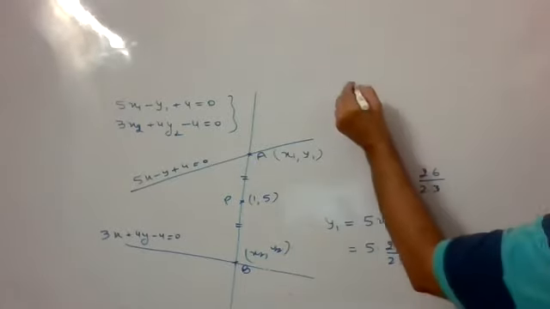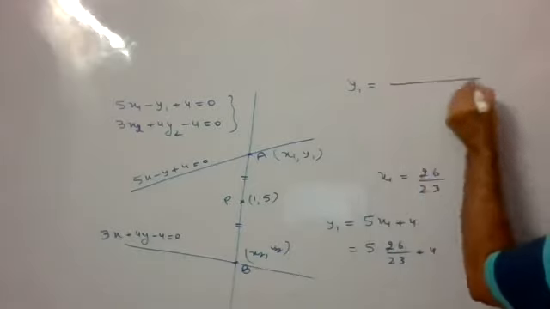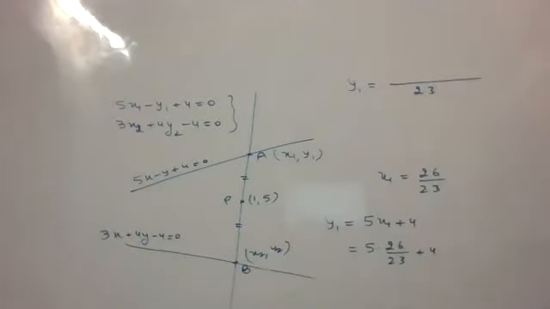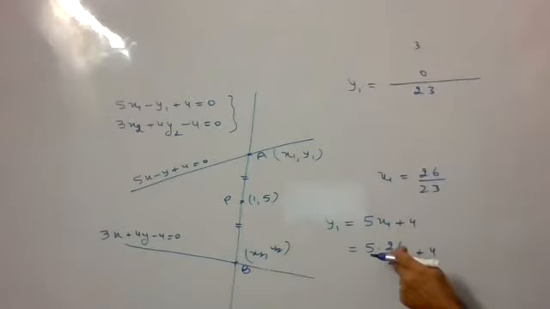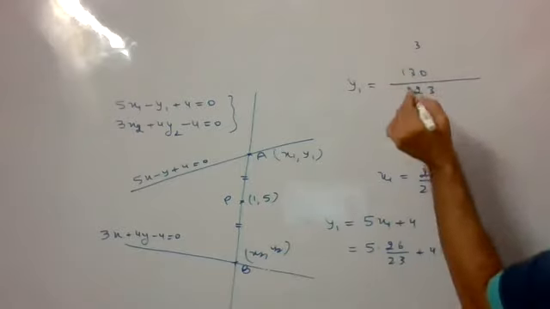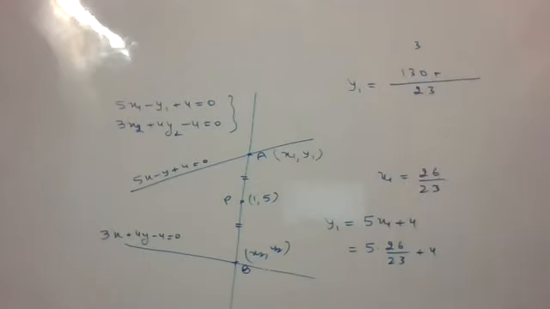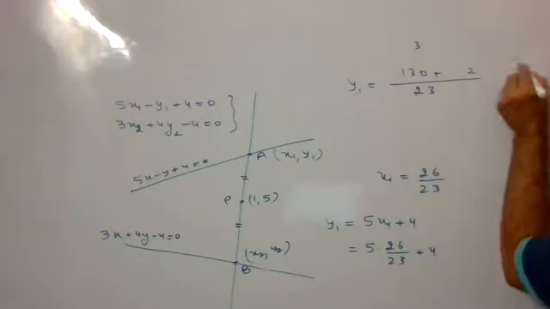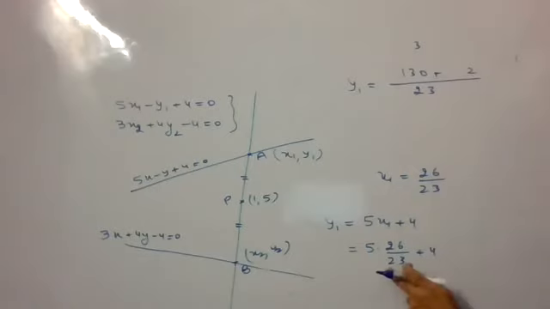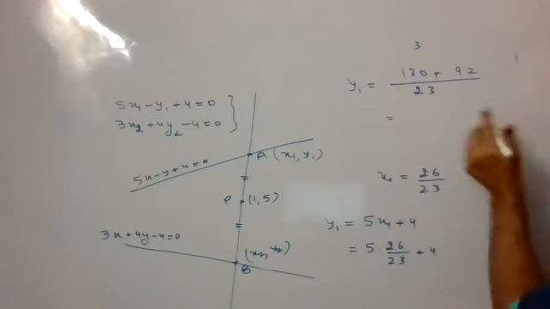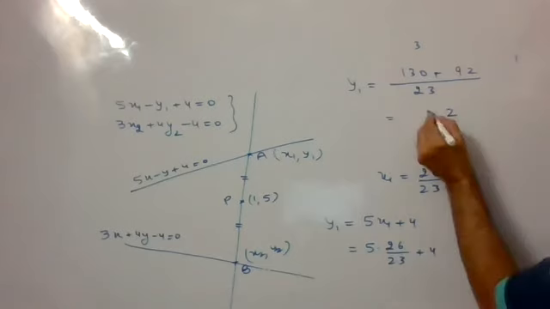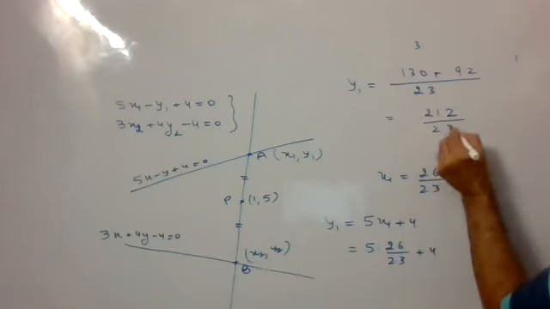Now when you solve it, y1 comes out to be, LCM is 23, 130 plus 23 into 4, that is 92. Right? So how much it will be? 222 by 23.